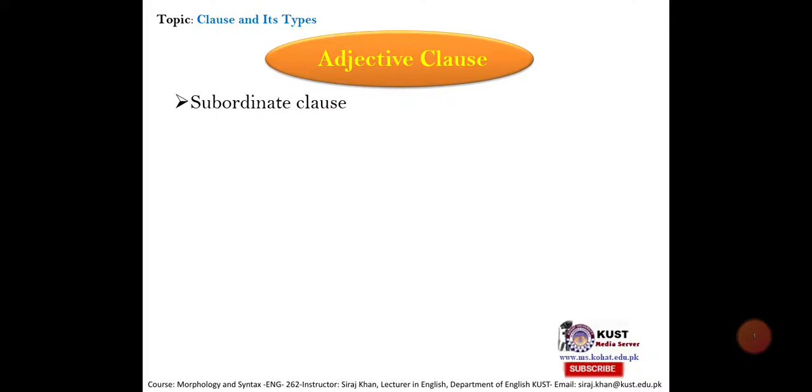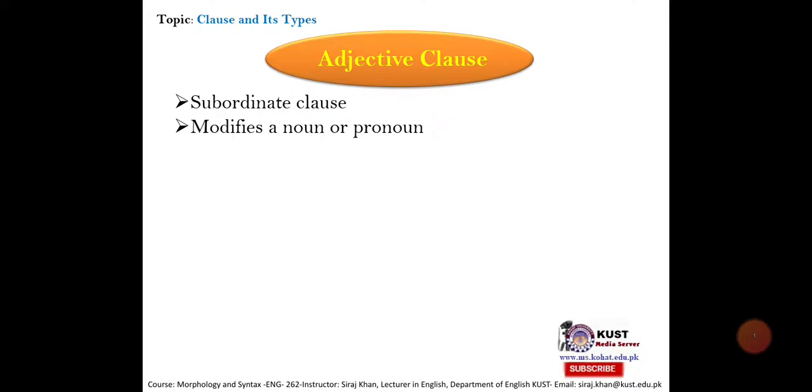An adjective clause is a subordinate clause, or we call it a relative clause. A subordinate clause which acts as an adjective in a sentence is called an adjective clause. Like an adjective, it modifies or adds information to a noun or pronoun in the sentence.